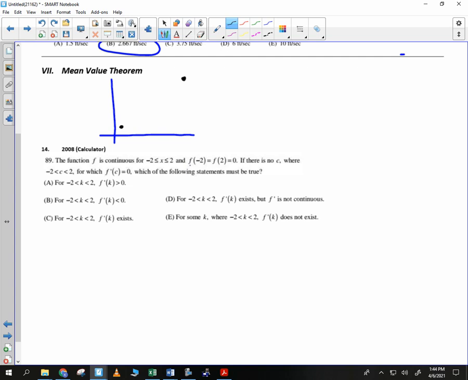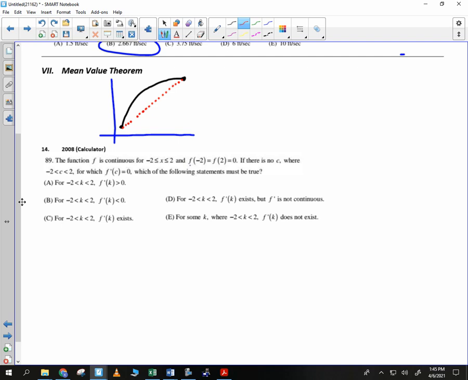So if you have a function that is differentiable and continuous, what it means is that if you consider the average rate of change over that interval, there's a spot on that interval where if you take the derivative, you get the same as that average rate of change.